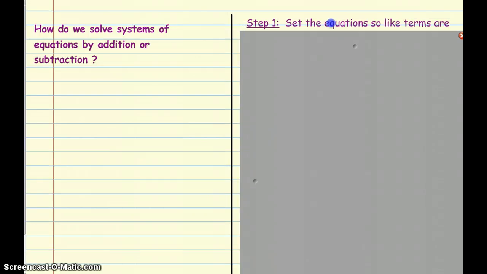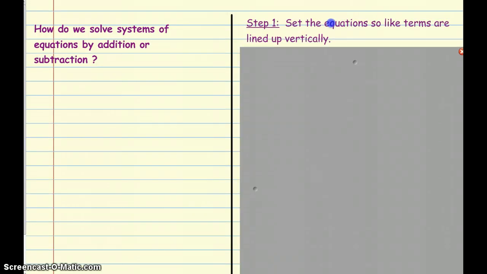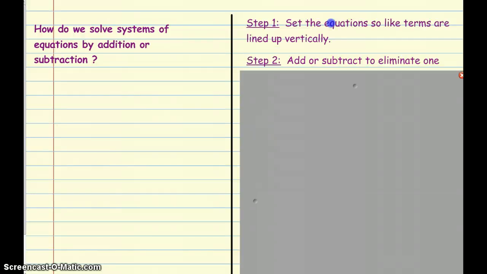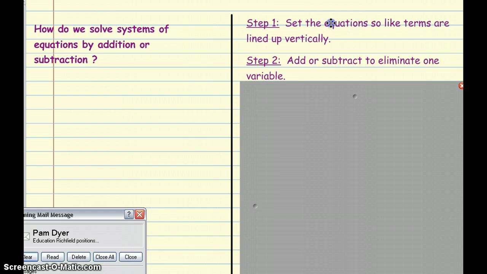So let's take a look at the first step. The first thing that we're going to do is set the equations so that the like terms are lined up vertically, kind of like an old-fashioned addition or subtraction problem. Step number 2, you're going to add or subtract your two equations to eliminate one of the variables.